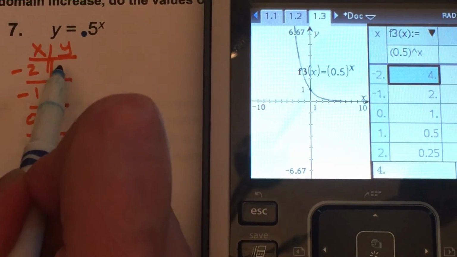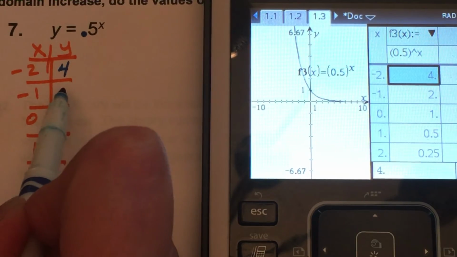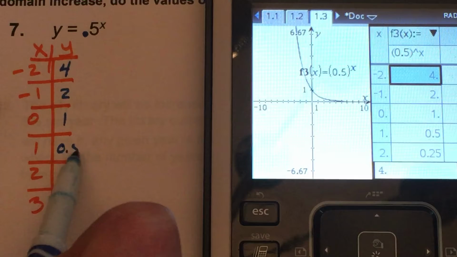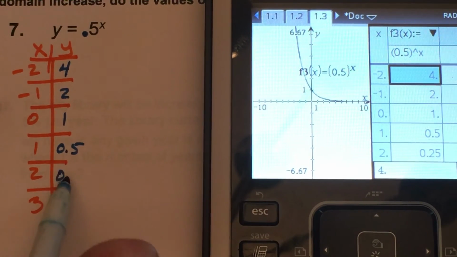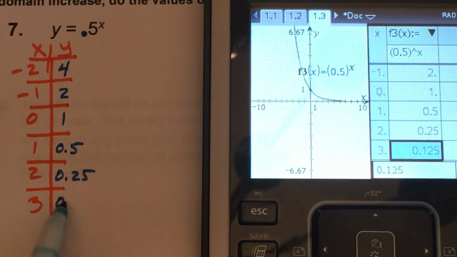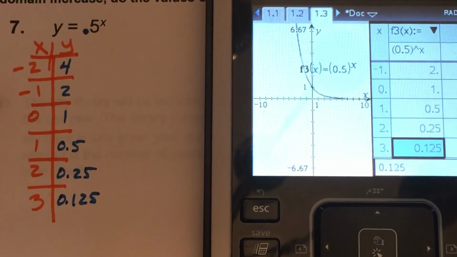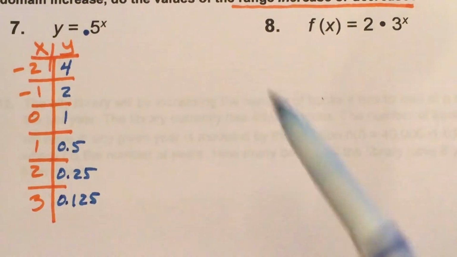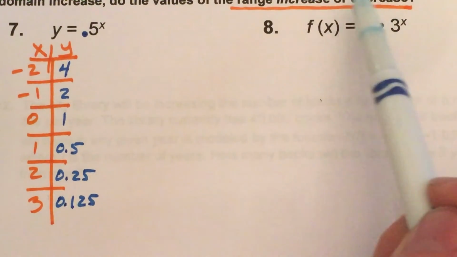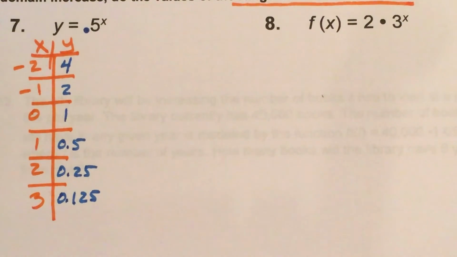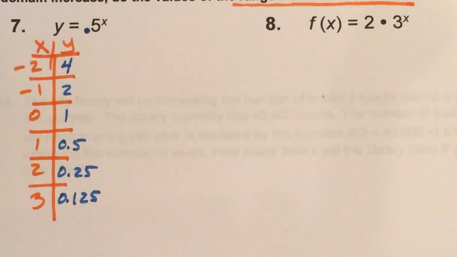So -2 is 4, and then 2, and 1, and 50 cents, and 25 cents, and finally 12.5 cents. All right, so to answer our question, is this particular range, my blue numbers, are they increasing or decreasing in value?